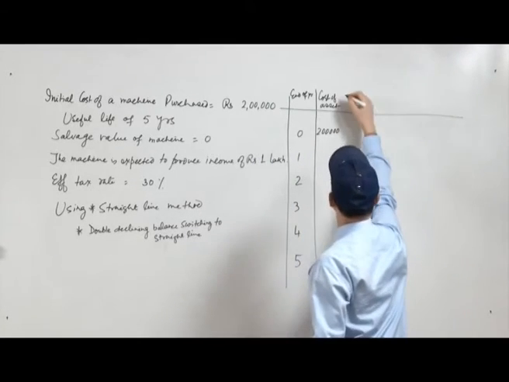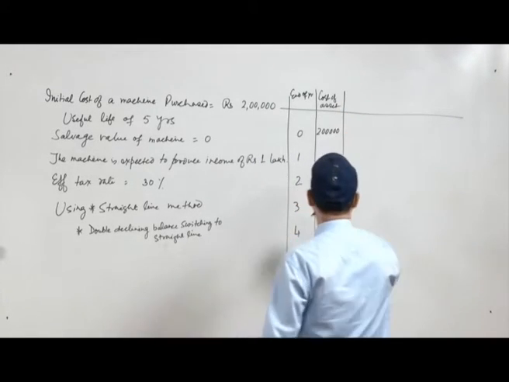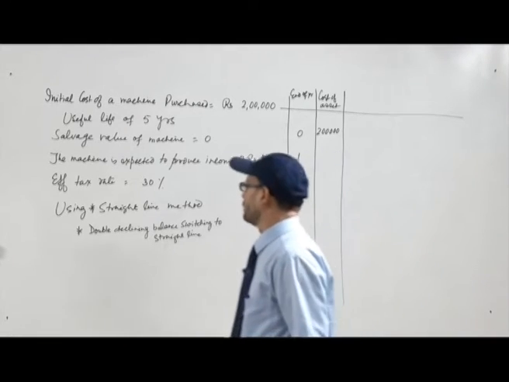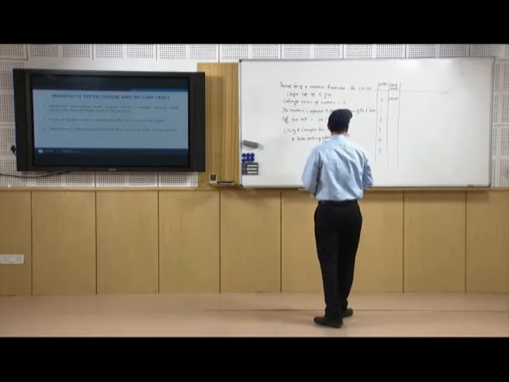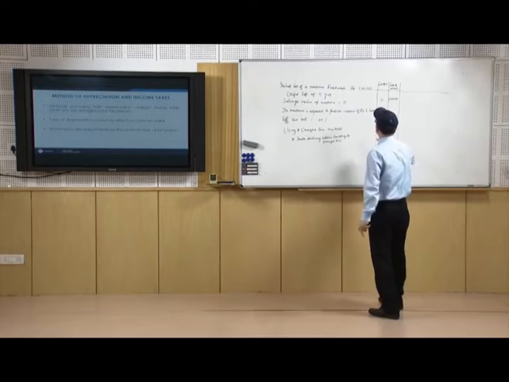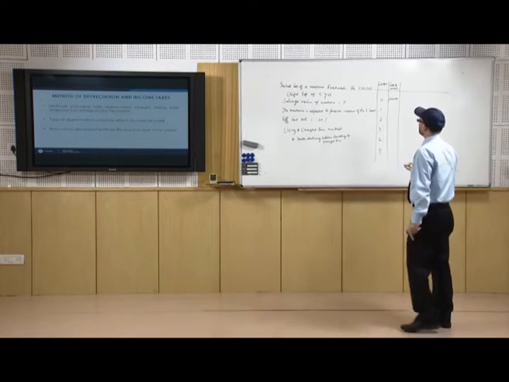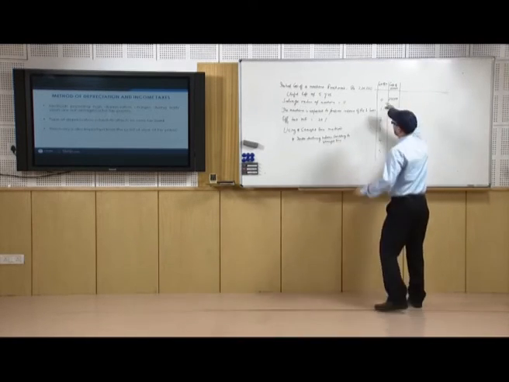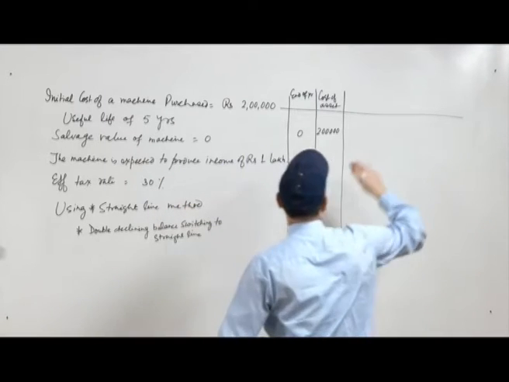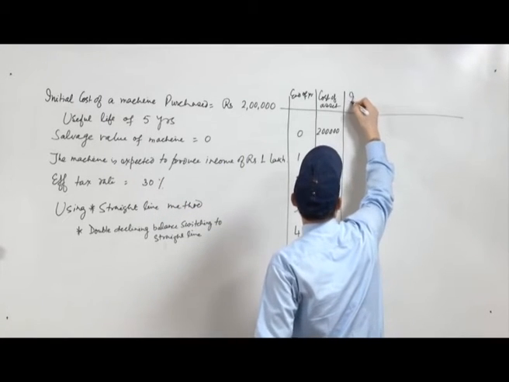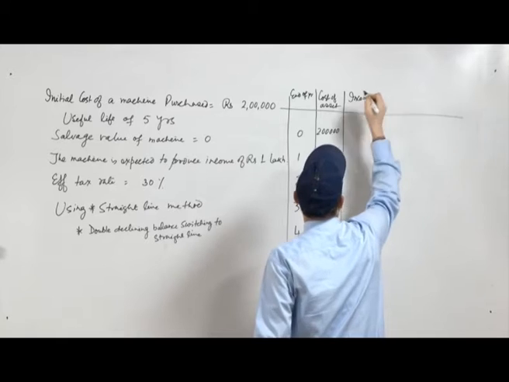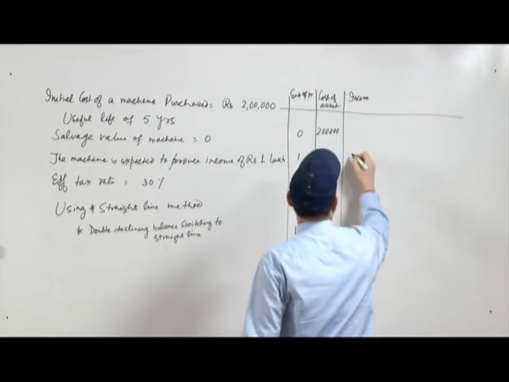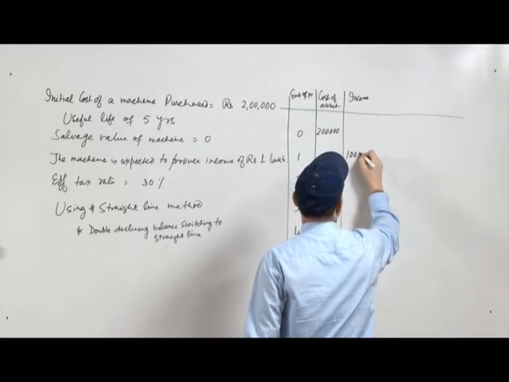Now, we are to calculate the income. Basically we have income every year of 1 lakh. So, income before depreciation in every year we have 1 lakh.